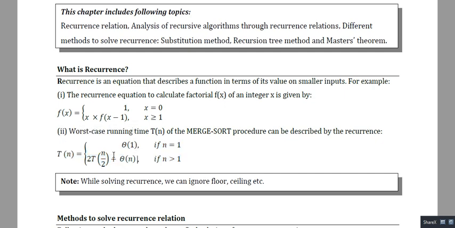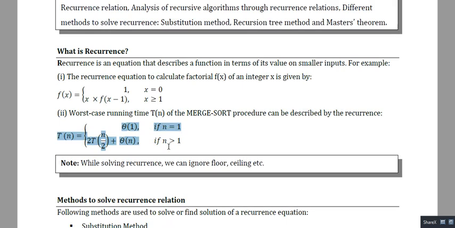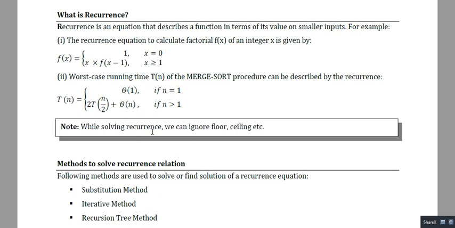We'll see all these things later on as our course progresses. One thing you should mark: while solving any kind of recurrence, we can ignore the floor function, the ceiling function, etc. So this is all about recurrence. Recurrences are functions which can be expressed in terms of themselves but with some smaller inputs.